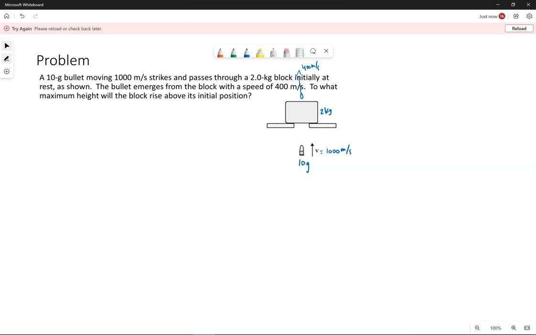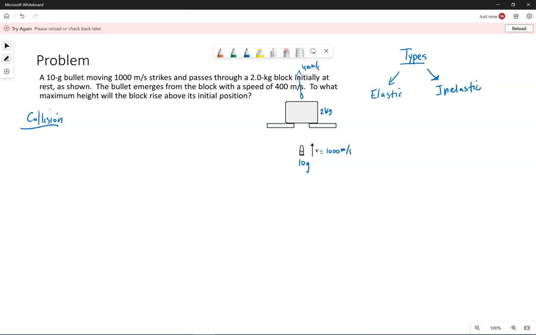So there's totally a collision here. For the collision itself, momentum needs to be conserved. That's true in any collision. Now, in terms of the type of collision, if you remember, the types of collisions are elastic and inelastic.